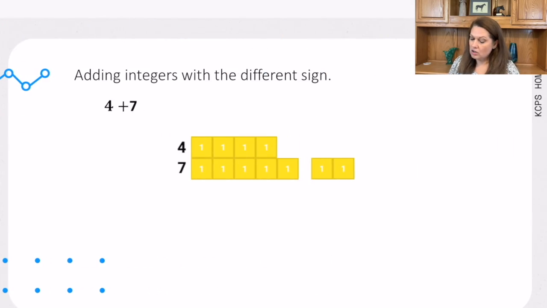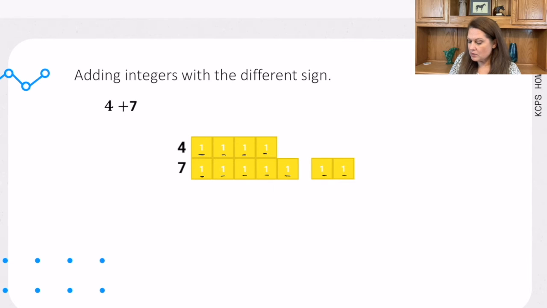Now let's take a look with algebra tiles. I always like algebra tiles because they're a little bit easier to see. Anything that is yellow or a color, some algebra tiles are green, some are blue, it all depends, are going to be positive. And so I've already put out the algebra tiles for you. Notice I have 4 positive and I've placed 7 positive.